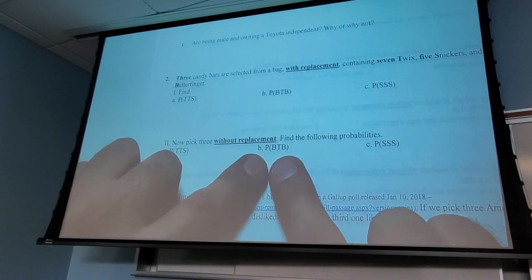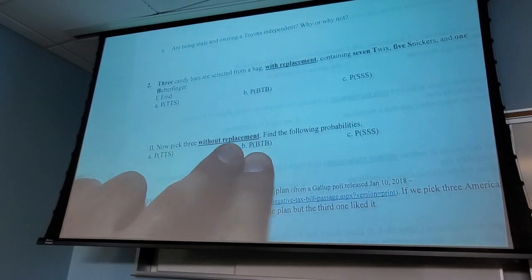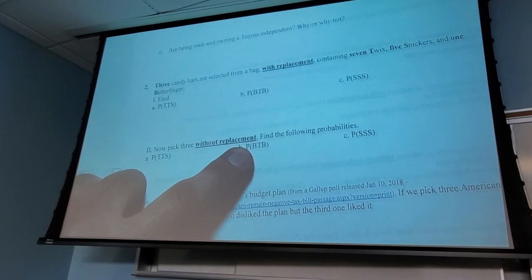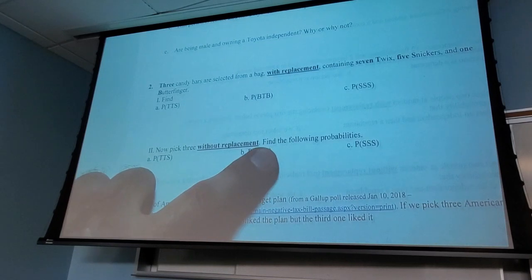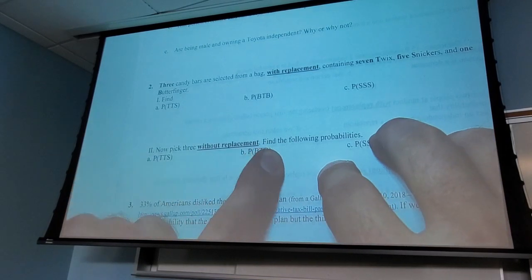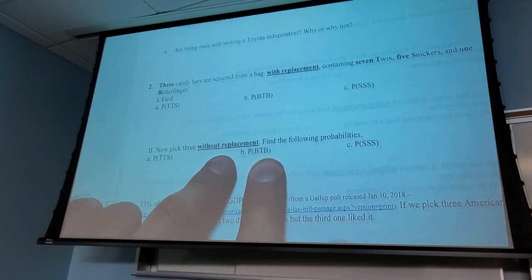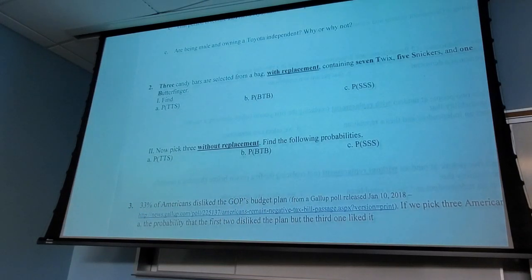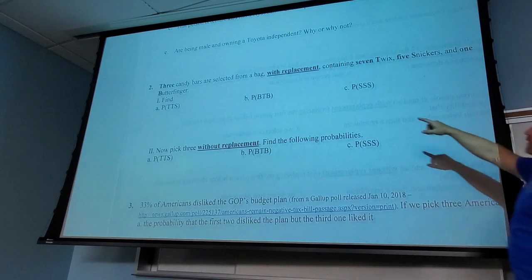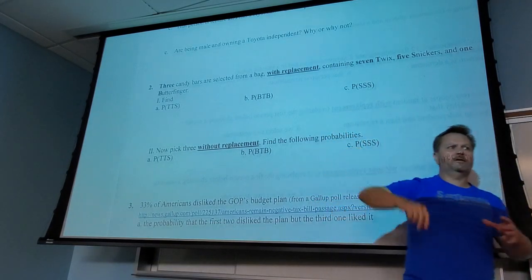So this right here, I pick a Butterfinger and I eat it because I'm not replacing. Then I get a Twix. How many Butterfingers are left for me to pick on the third go? None. So how is this possible? Given that that's my universe, that's it for me, right? Why is it okay for the first piece? There's more than one, because I don't eat it. I put it back in, right?